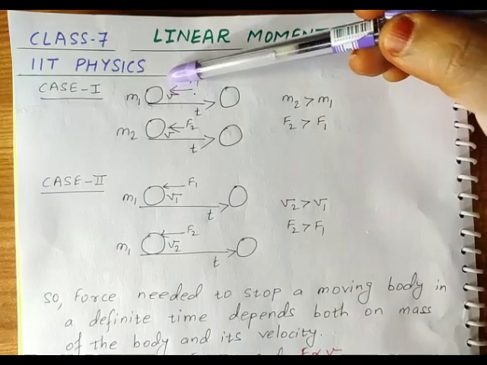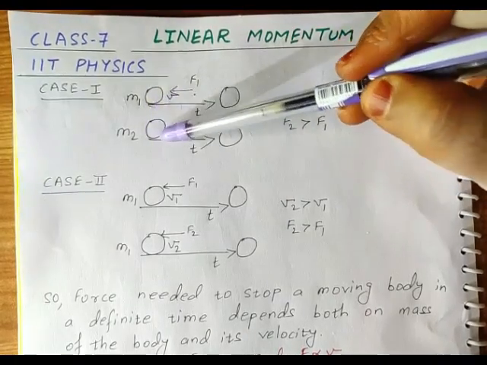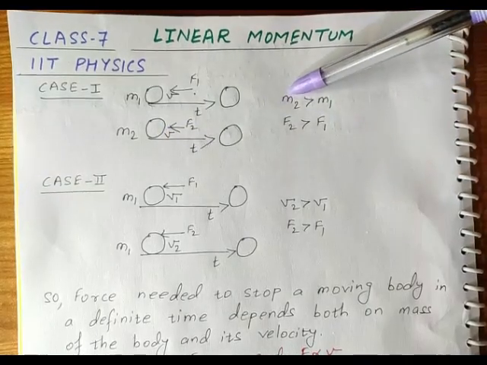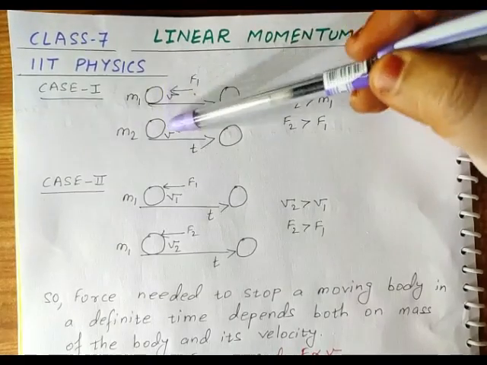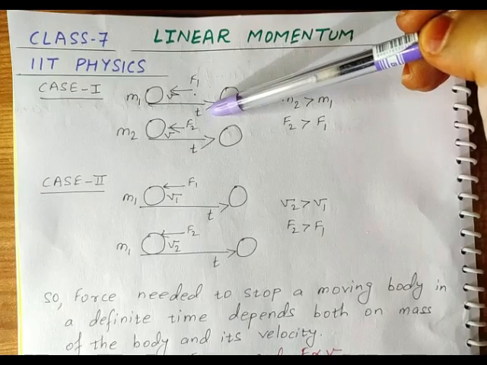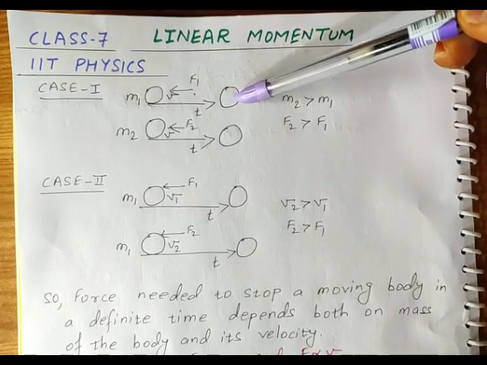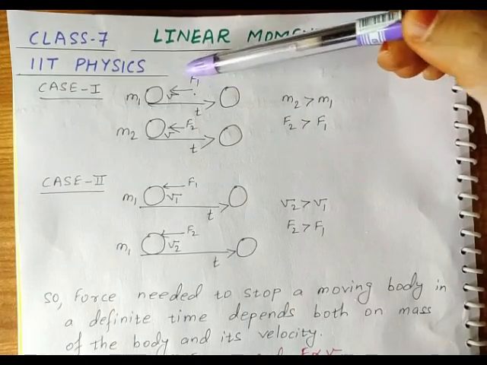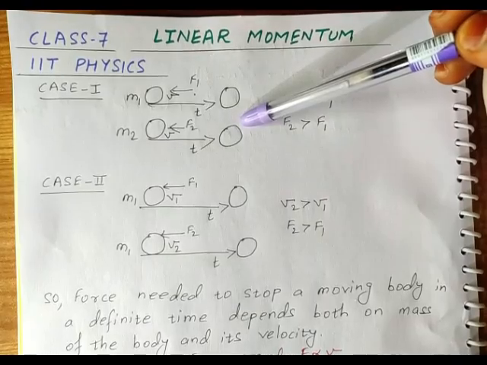There are two bodies of different masses, m1 and m2. The second body is heavier than the first body. Both are moving with the same velocity and in the same time. Then the force required to stop the bodies, are the forces the same? Think about it.